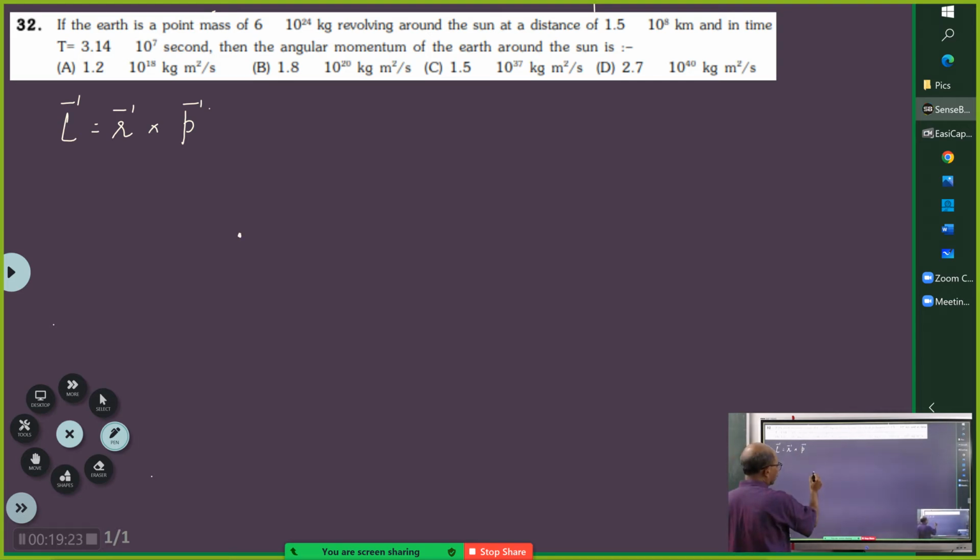You have a point mass, and this has a momentum vector P bar, and you have some reference point O, and then a position vector R bar. Then the angular momentum of this about O is defined as L bar about O equal to R bar cross P bar. You know the cross product opening, sin theta and all will come. If you want to know something more, you can ask, I will explain.